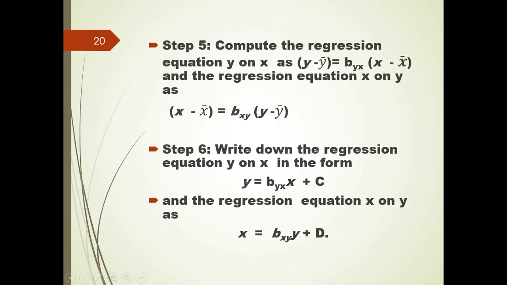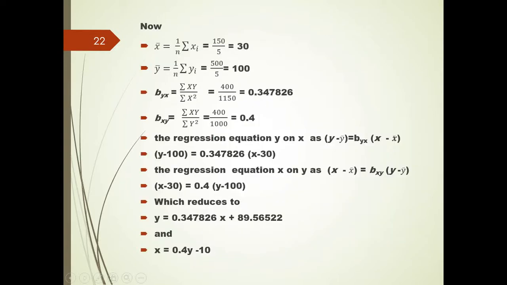Then you can write the two regression lines. As in the first example I showed, always write y equal to some value times x plus c. First write this form and then reduce it into the form. So an example is given there.